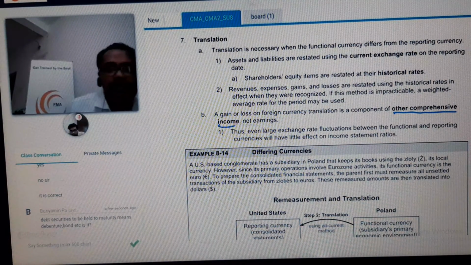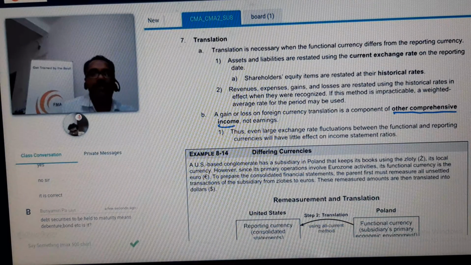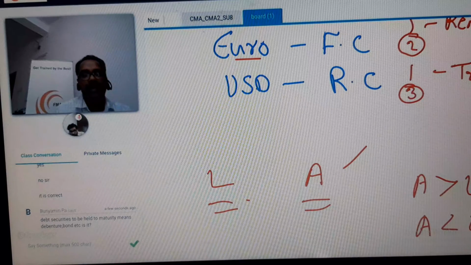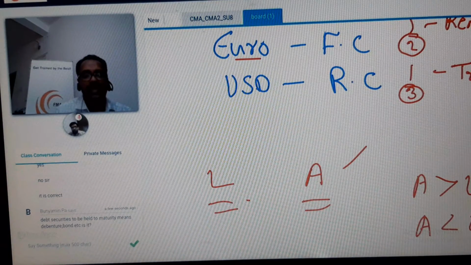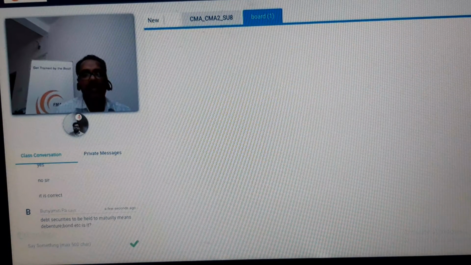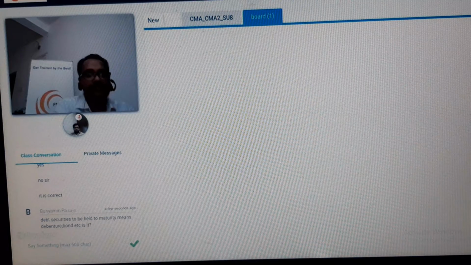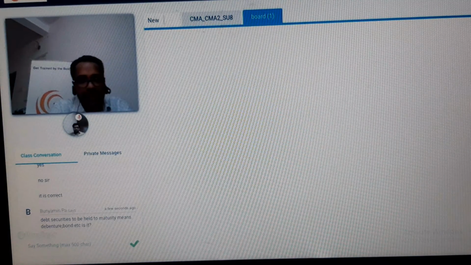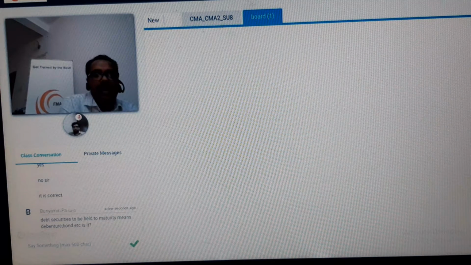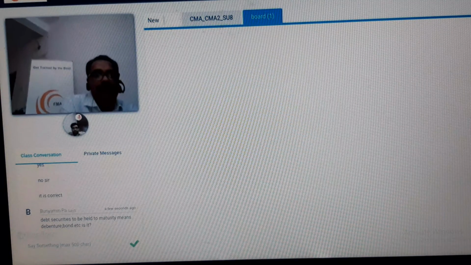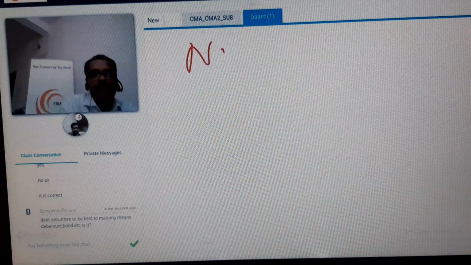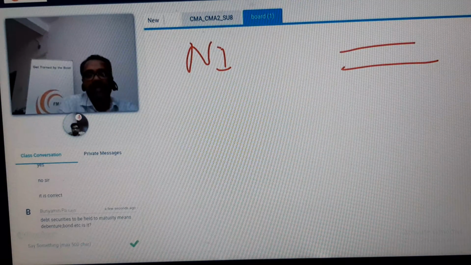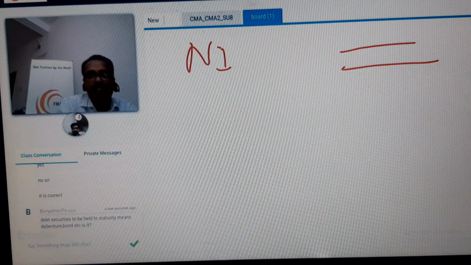Now, probably those who have not studied financial accounting may not have seen a P&L. You will have a P&L which will give you net income. You will calculate EPS based on net income.